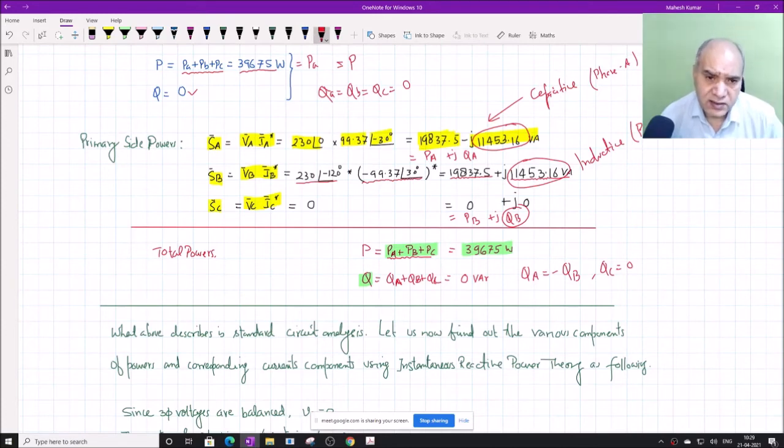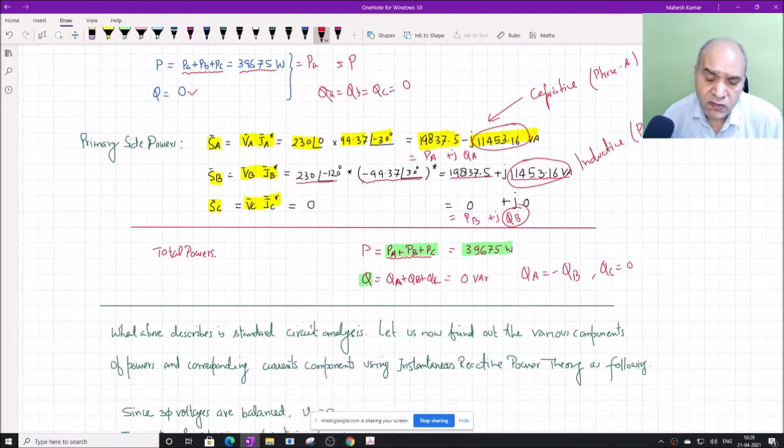This is all fine. This is standard circuit analysis of this three-phase unbalanced system. But we are more interested to know the application of instantaneous reactive power theory for this particular example.